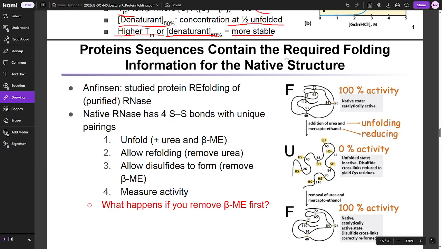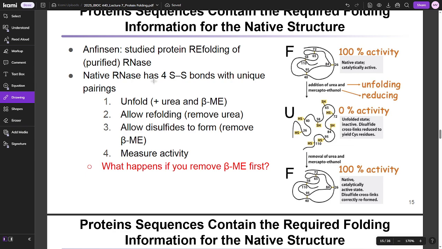Okay, so this is an important thing to keep in mind. Disulfide bonds are really important because if you denature and disrupt the disulfide bonds by reducing them, you have to make sure that if you want the native structure back, you do things in the correct order. So, let's take a look at this. The idea here is that you add urea to denature your protein. You also add beta mercaptoethanol to reduce these disulfide bonds.